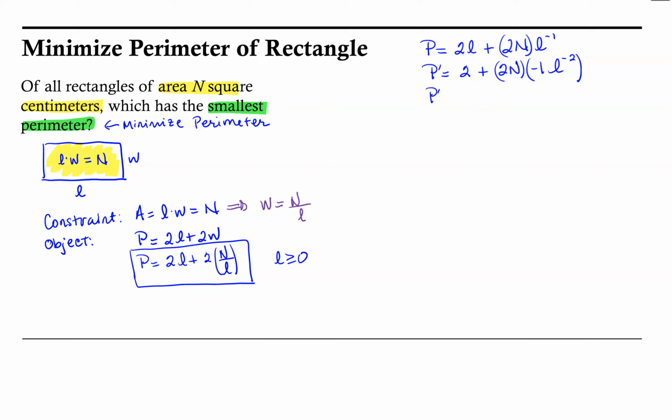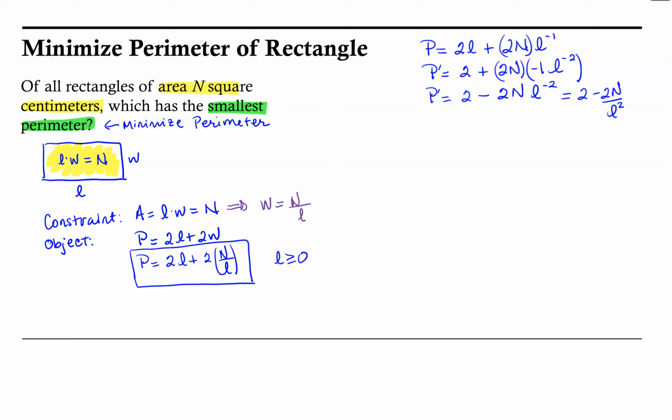So P prime equals 2 minus 2n times L to the negative 2 power. And we need to find critical points, so it might be easier if I remove the negative exponent. So we have 2 minus 2n over L squared.